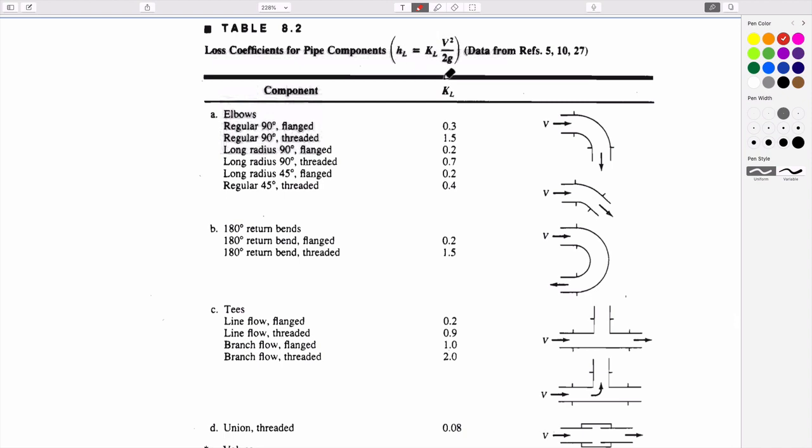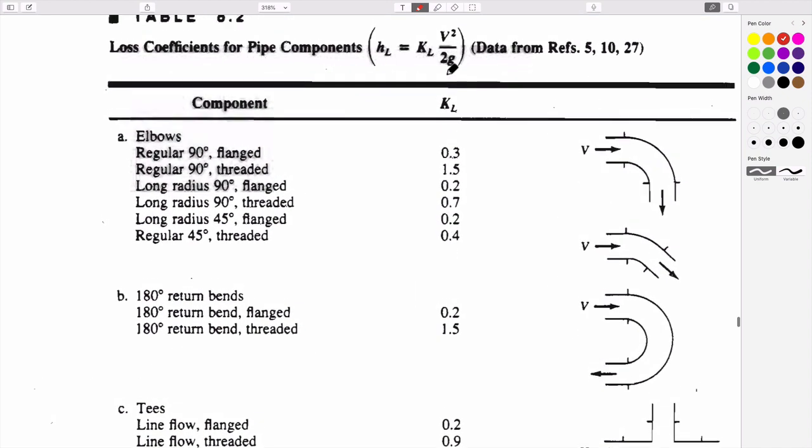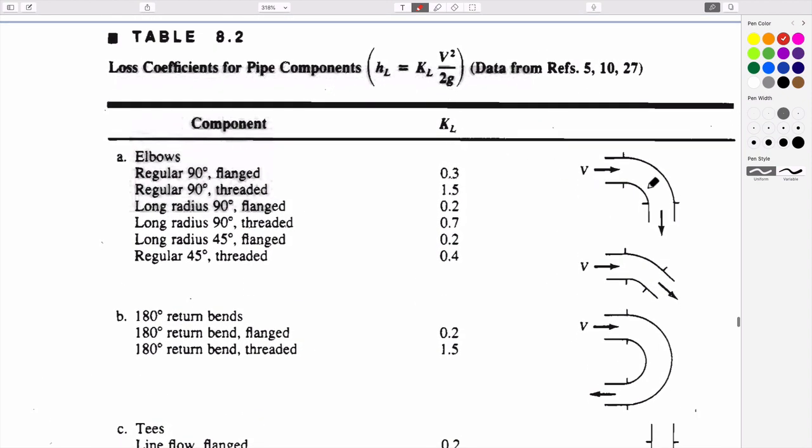Again, this is the expression that would define that particular behavior. And so if you have a pipe of a particular kind with a bend of a particular angle, and depending on what the material is that it's made of, in terms of what the individual internal roughness might be, then we can define magnitudes of this coefficient multiplied through by this v squared over 2g term.